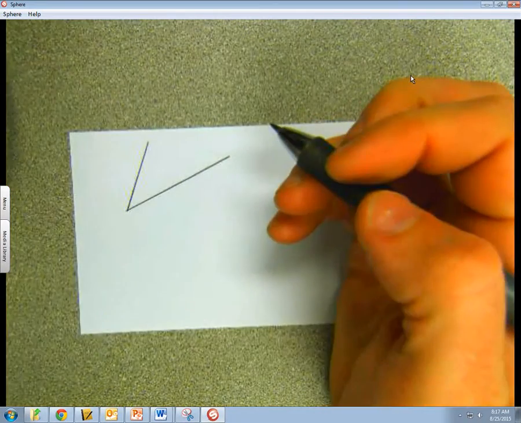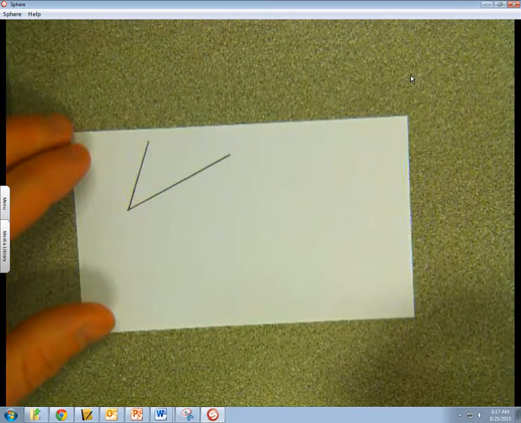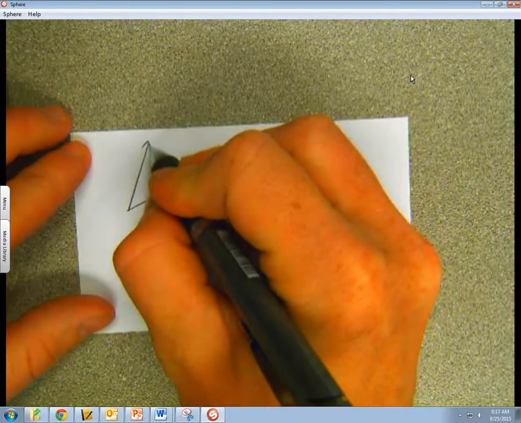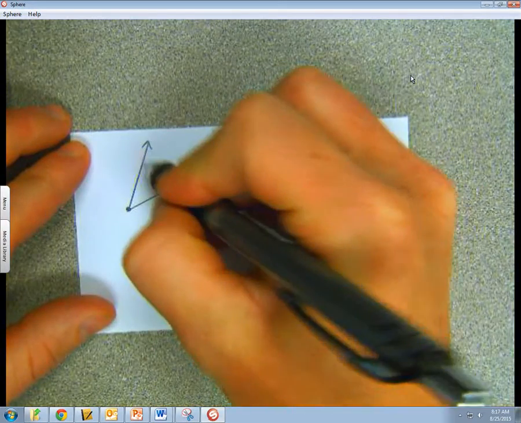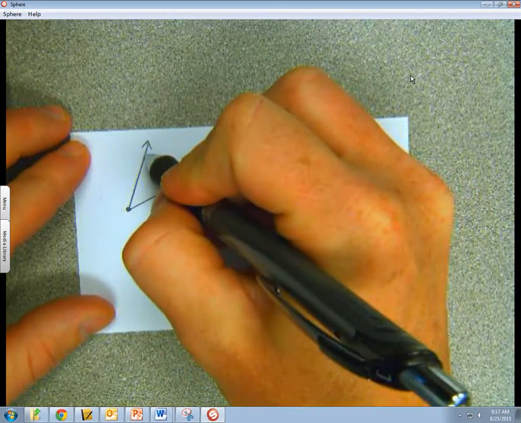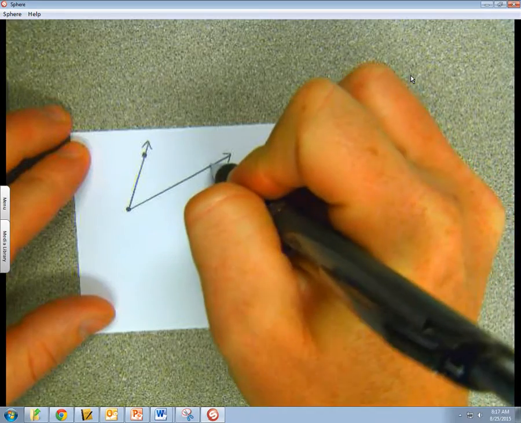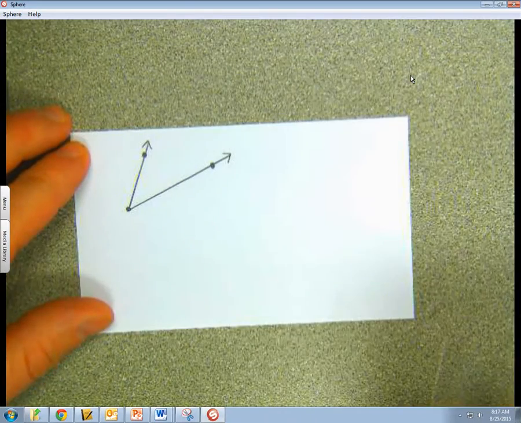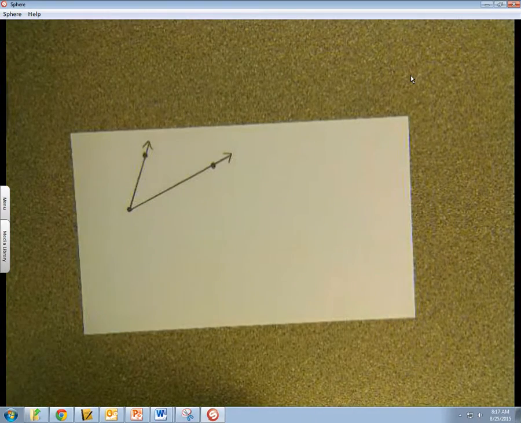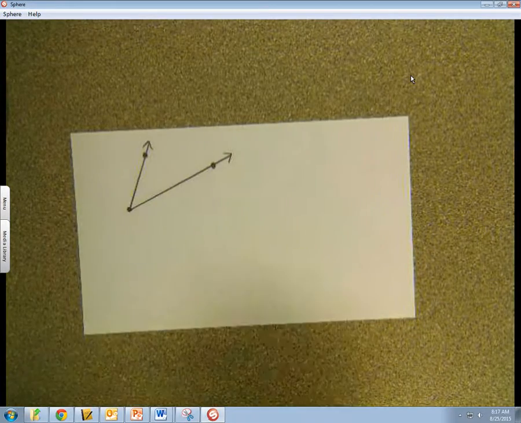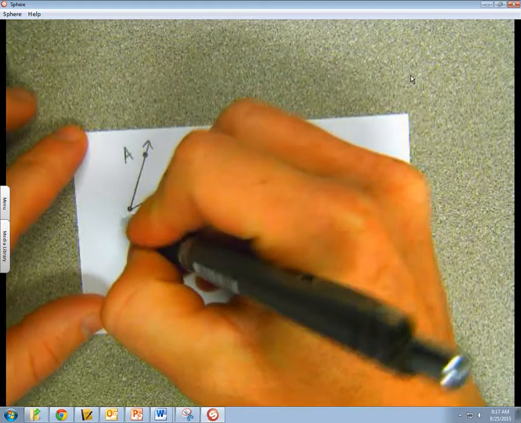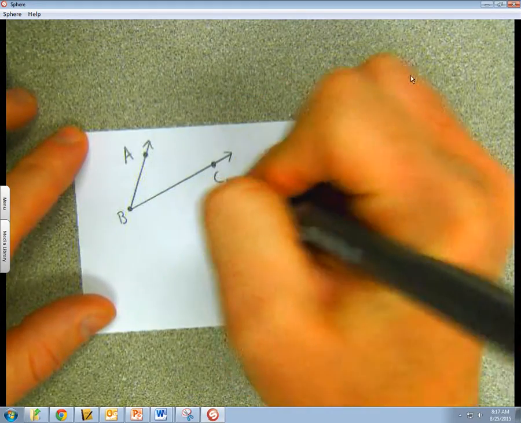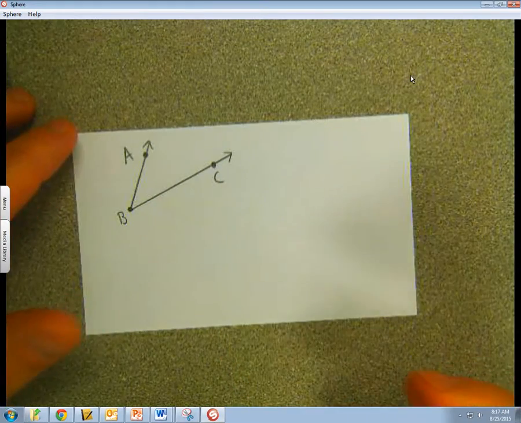We'll have two examples here. Here is my angle. Alright, and I'm gonna go ahead and put 3 dots on it, and then I'm gonna label the dots A, B, and C.